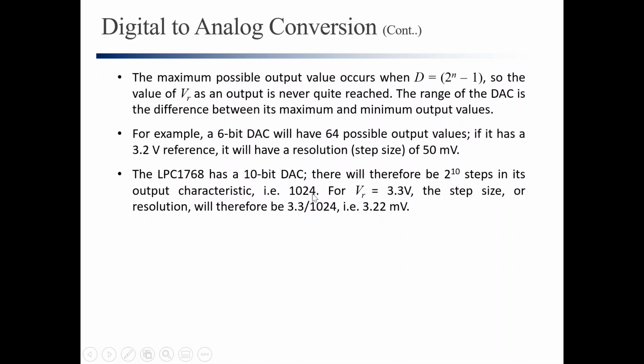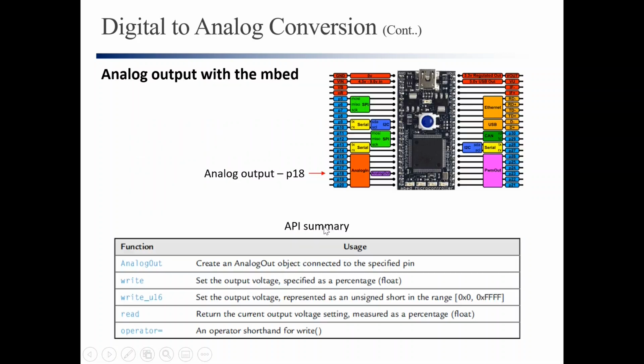This is the same information as the ADC, but we need to know that the LPC1768 has a 10-bit DAC, which means the size of the DAC is 10-bit, so you can have up to 1024 digital numbers that can be converted to the analog value.